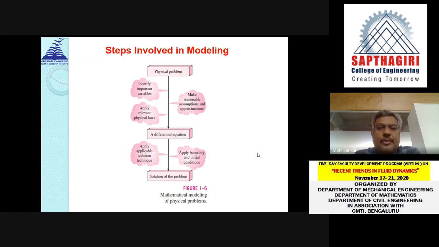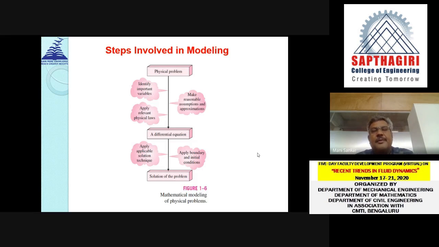And if I take into account the temperature variation, I need to identify the variable which relates to the temperature. And you apply the relevant physical laws for that particular physical situation to reduce the physical problem into a mathematical problem.